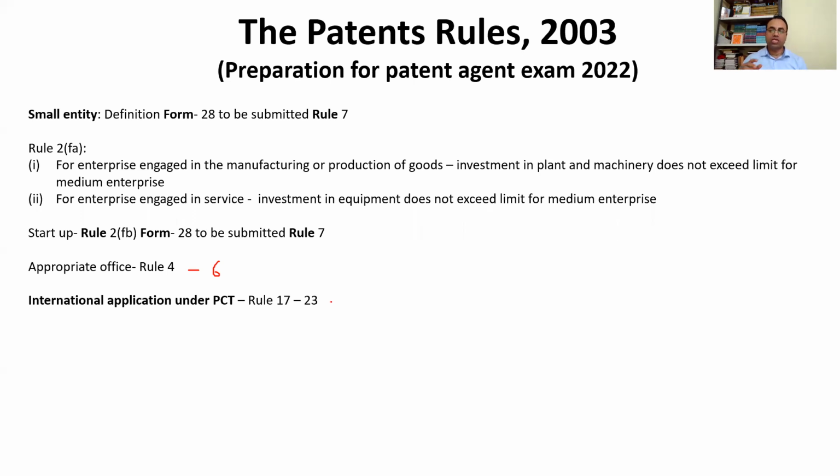Not difficult, but please go through these details. I don't want to burden you now, because you may get 1 or 2 questions here, but the majority of questions are going to be from sections, rules, and fees that we have read already. So please memorize those.